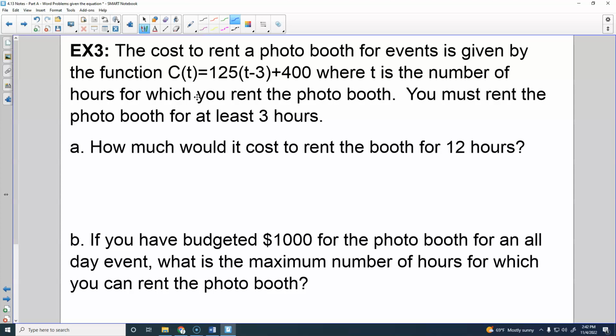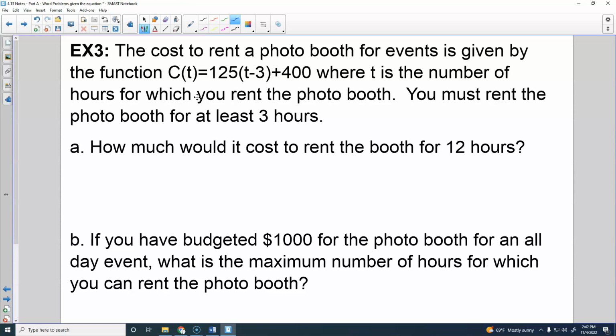The cost to rent a photo booth for events is given by the function C of T equals 125 times T minus 3 plus 400, where T is the number of hours for which you rent the photo booth. You must rent the booth for at least 3 hours. So they do not come and set the photo booth up if you only rent it for 30 minutes. It has to be at least 3 hours.